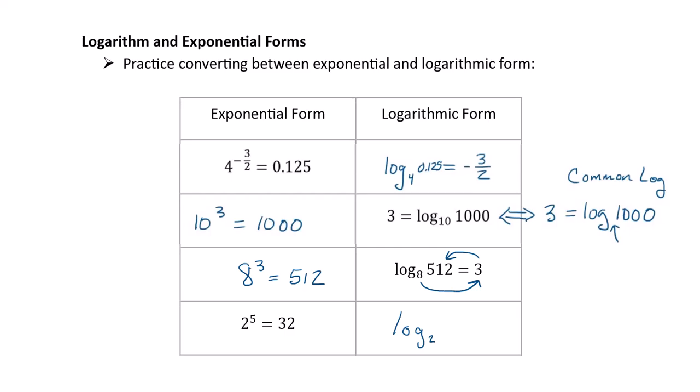The exponent that I put on 2 to turn it into 32 is 5. Let's check it with our little hurricane loop. 2 to the 5th equals 32. That checks out, right? So I know I've converted these all properly.